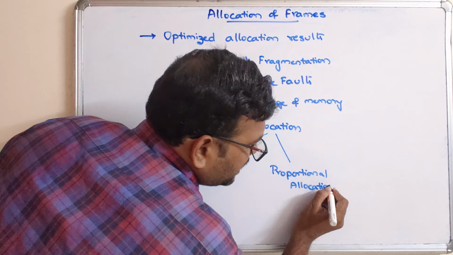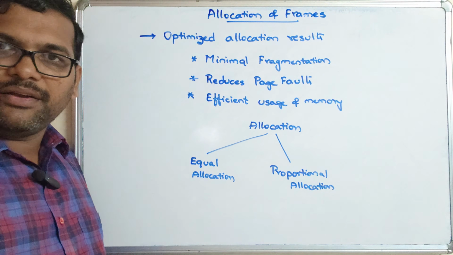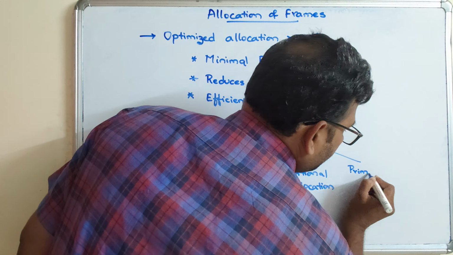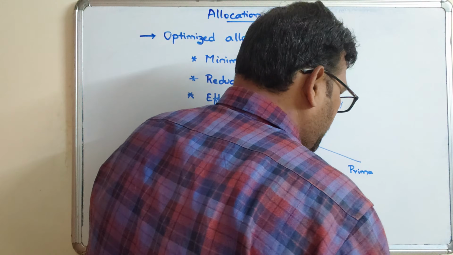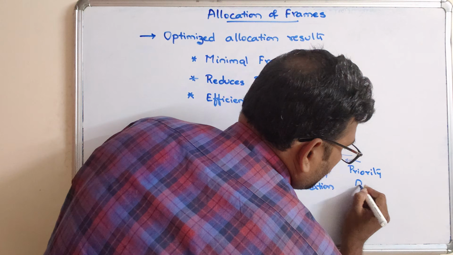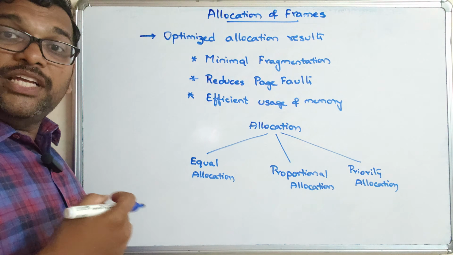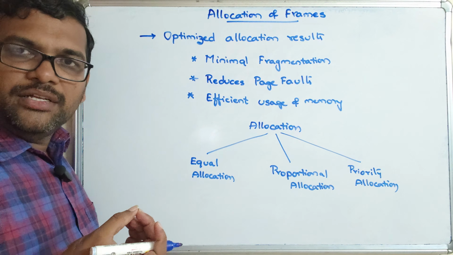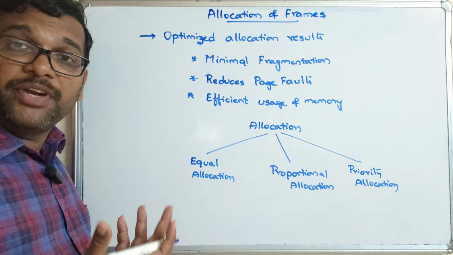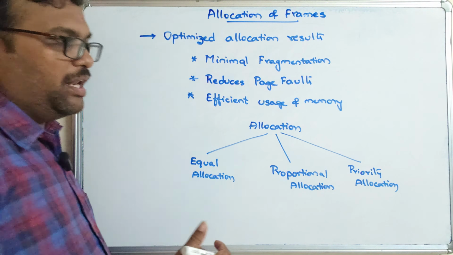Depending upon the size and the requirement of a process, the frames will be allocated. Next, priority allocation, based upon the priority of a process. We have seen that some processes have the highest priority to complete their execution. In such a case, based upon the priority, the number of frames will be allocated.